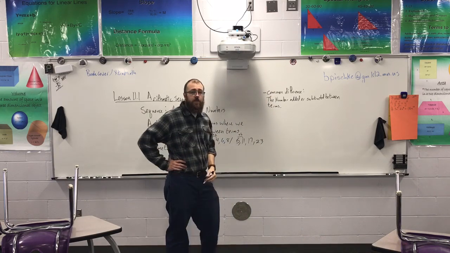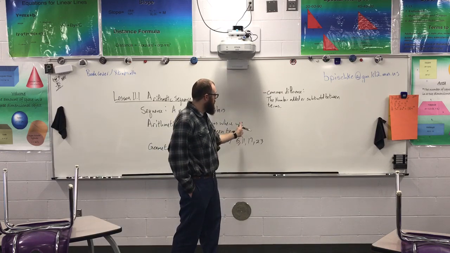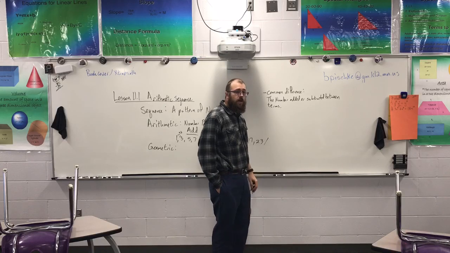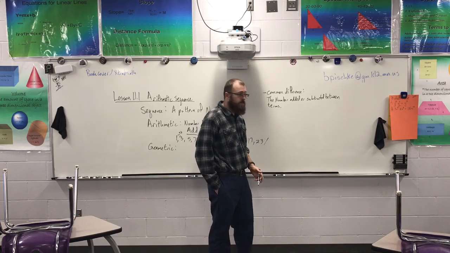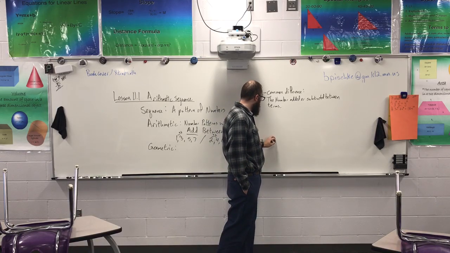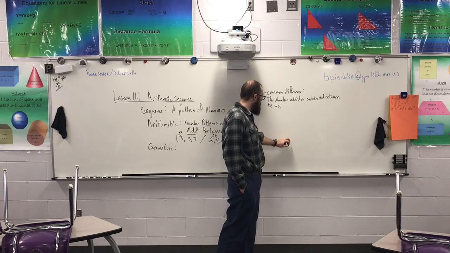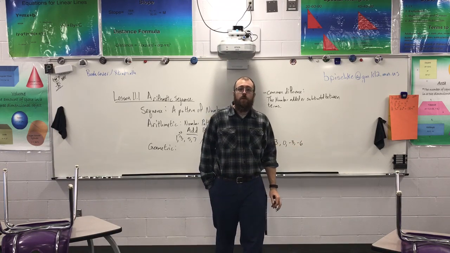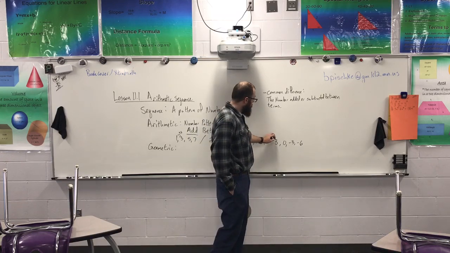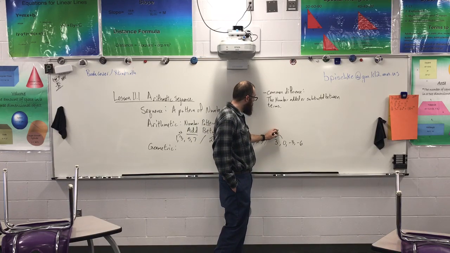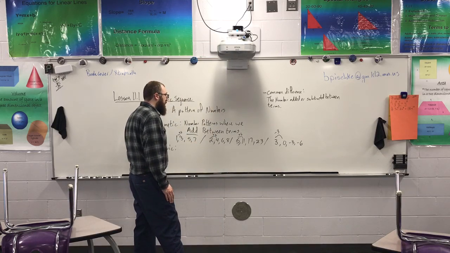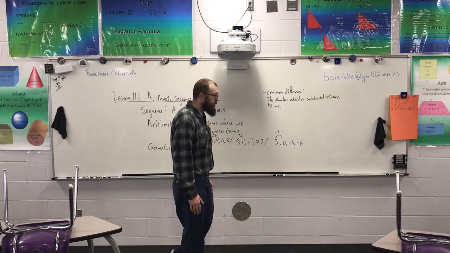Now, like I said a second ago, the common difference could also be a subtracted difference. So another example of an arithmetic sequence could be 3, 0, -3, -6. You'll also notice with most of my sequences, I had a bunch of different starting points.